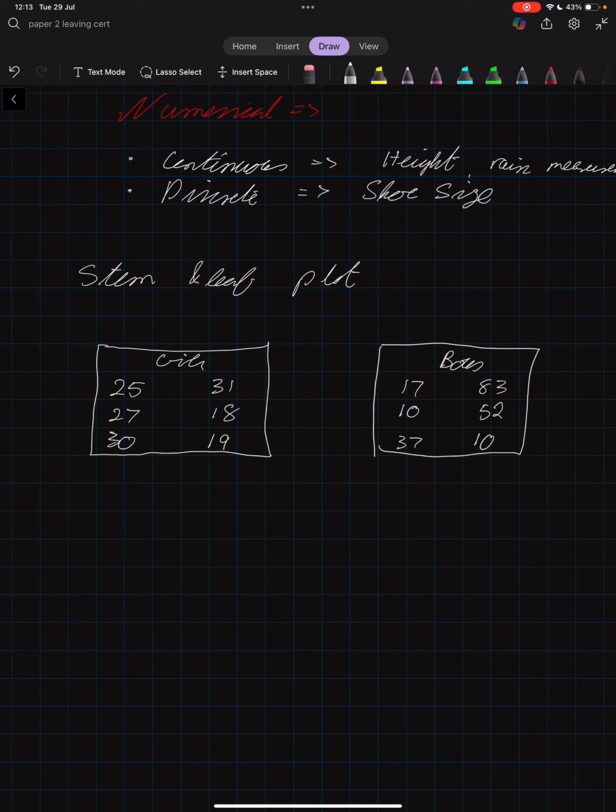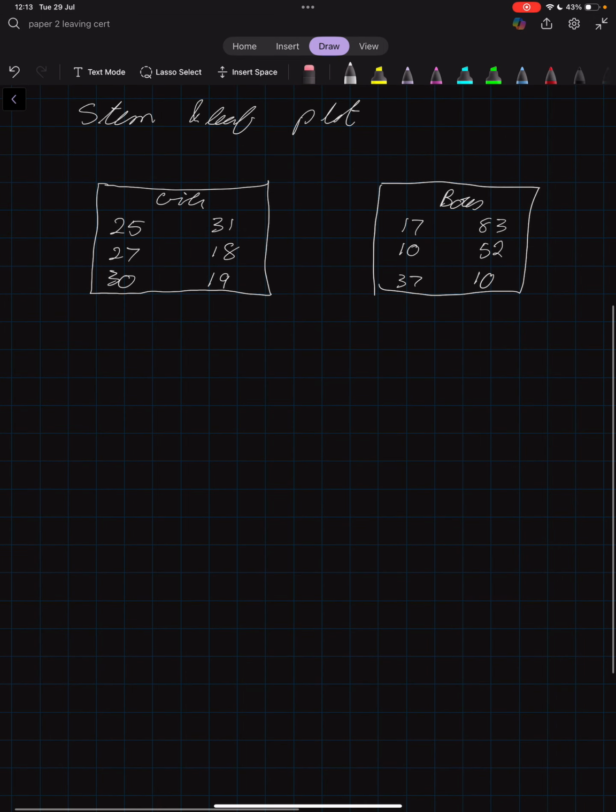They can basically ask you to put this on a stem and leaf plot. Now you would have done this in third year, but I'm just covering it again because I'm assuming you've probably forgotten, basically. So the way you do it is you'd say girls are on the left, boys are on the right.